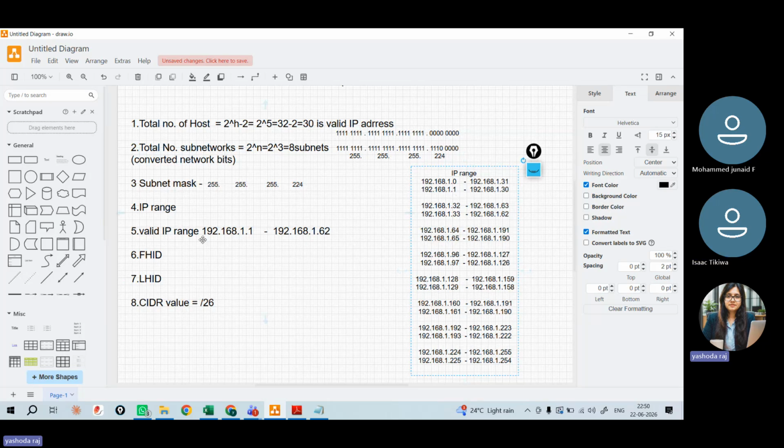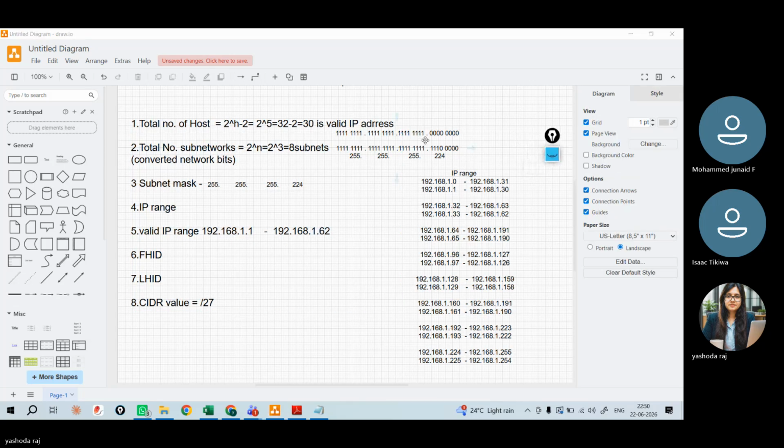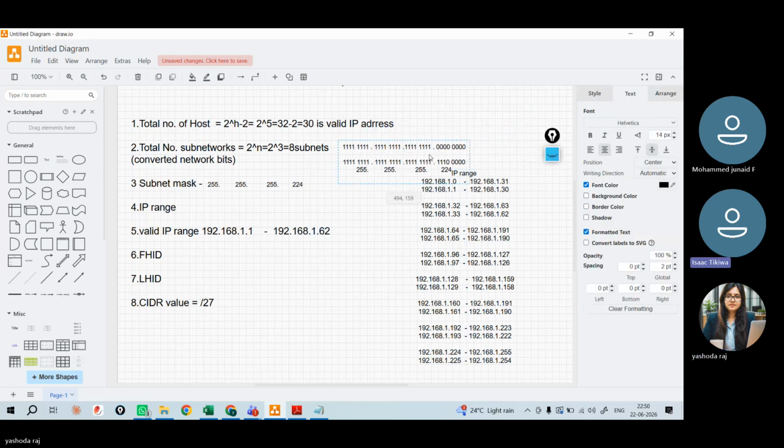First host IDs are 1.1, 1.33, 1.65, 1.97, all of these. Last host IDs are 1.30, 1.62, 1.94, and so on. CIDR value is /27. Clear? Yeah, clear.